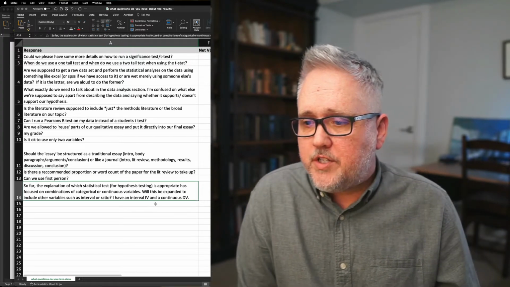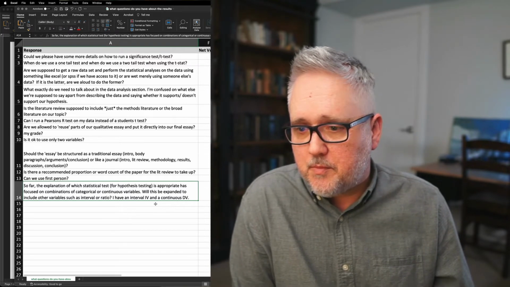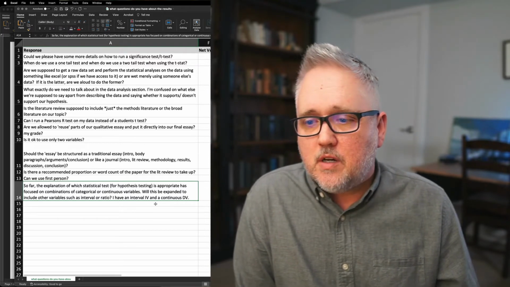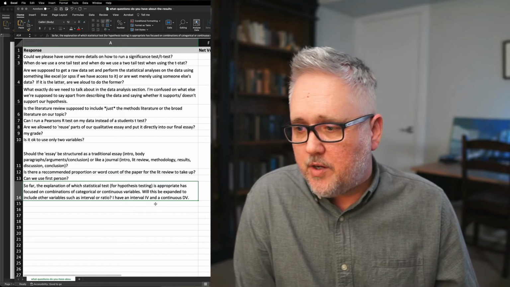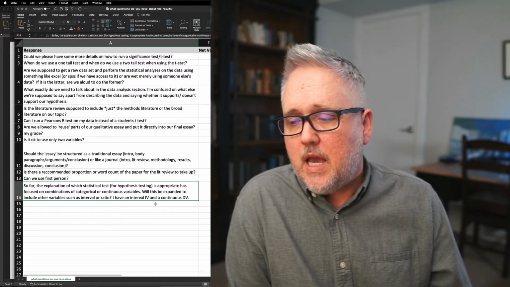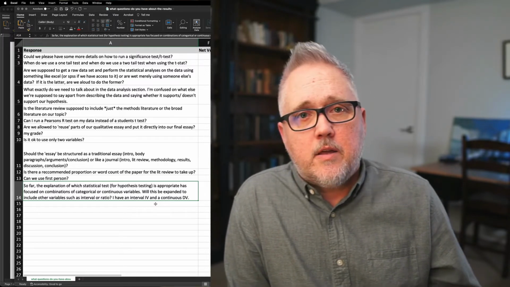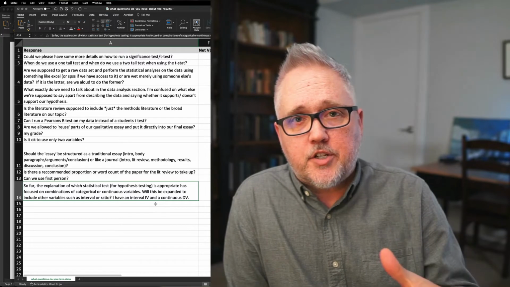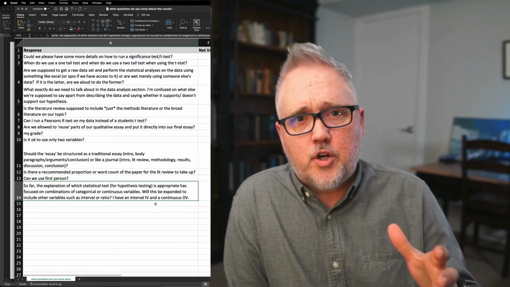So far, the last question, the explanation of which statistical test for hypothesis testing is appropriate, has focused on combinations of categorical or continuous variables. Will this be expanded to include other variables such as interval or ratio? I have an interval independent variable and a continuous dependent variable. Usually, that table that I had in the lecture for a couple of weeks should hopefully be helpful with that.